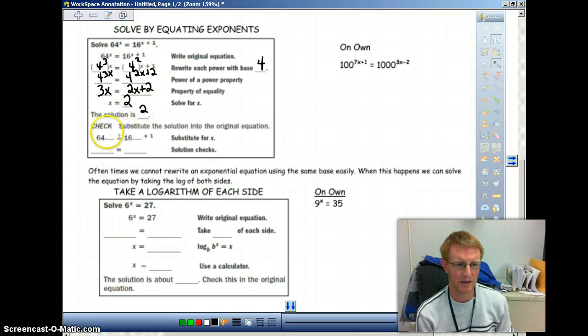If we plug that back in, we have 64 to the second power equals possibly 16 to the 2 plus 1 power. Yep, that's right. So we have 16 to the third power equals 64 to the second, and you do indeed get the same answer, 4,096.